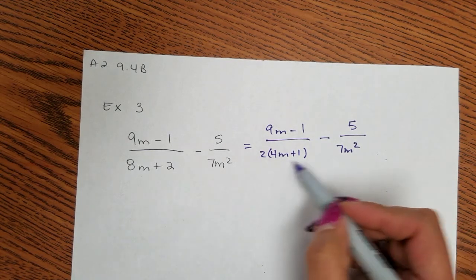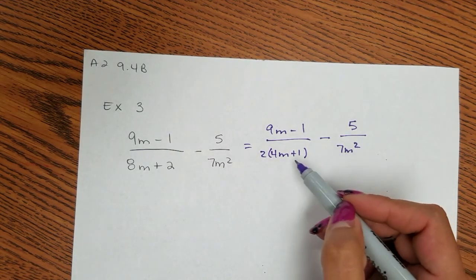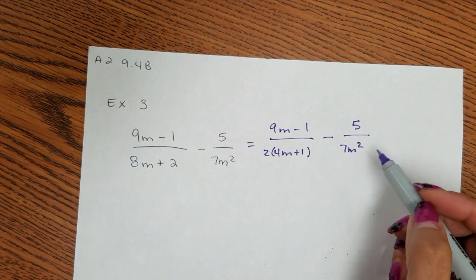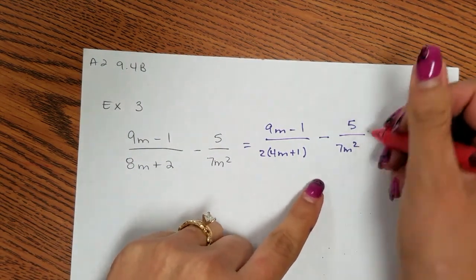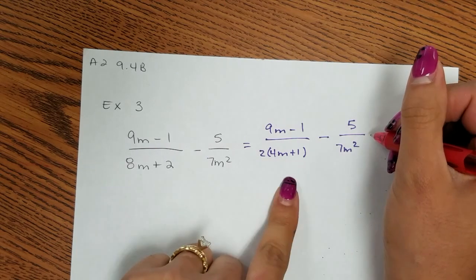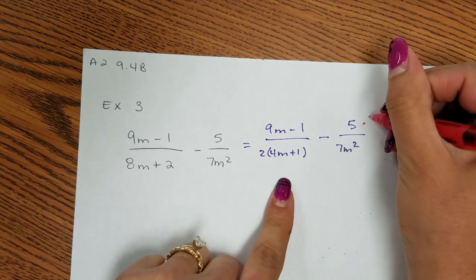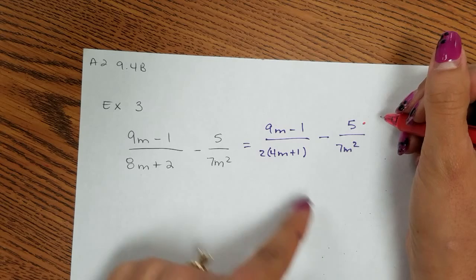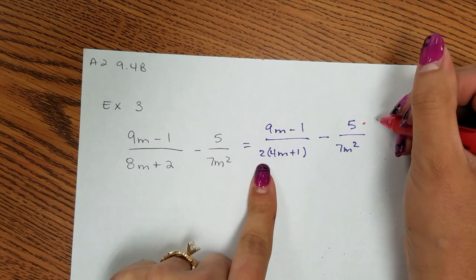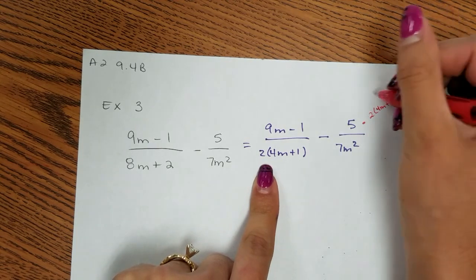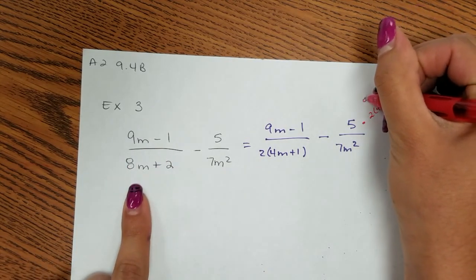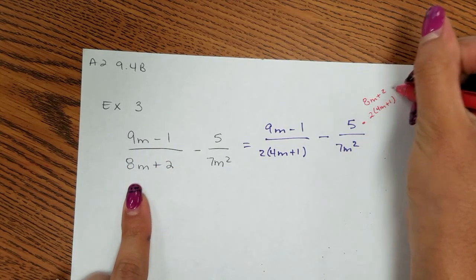So here, if you look at the two denominators, there are no common factors in here. So you're actually just going to multiply them together. So the one on the right over here is missing all of this. So I'm going to multiply by, in this instance, you can either multiply by 2 times 4m plus 1, or I'm actually going to do the 8m plus 2.